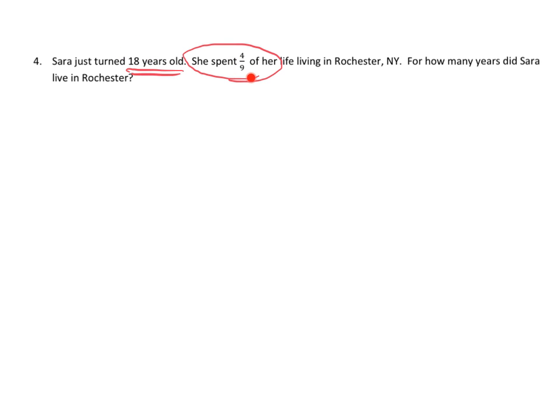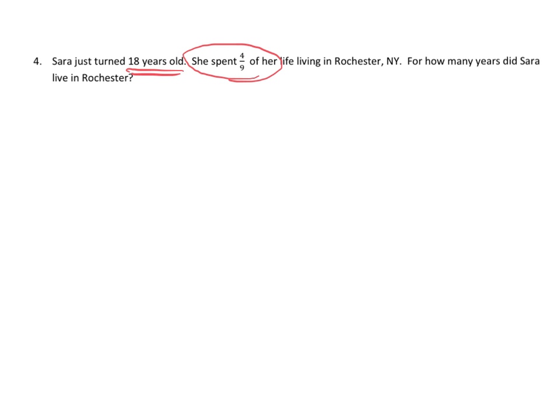Now, because the denominator over here is 9, because I'm experienced and I know what I'm doing, I'm going to make each row of that array have 9 dots. 1, 2, 3, 4, 5, 6, 7, 8, 9, and then 10, 11, 12, 13, 14, 15, 16, 17, 18.